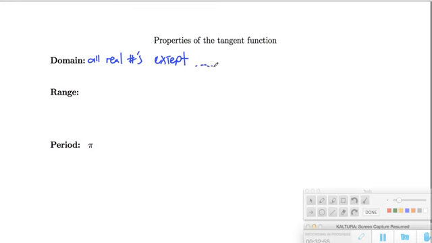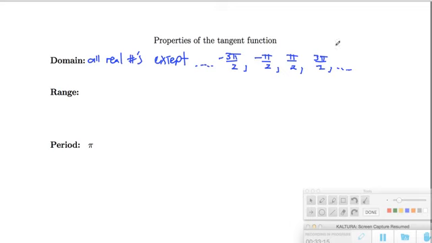Those repeat. It's impossible to make an entire list because there's infinitely many, but they're happening on every odd multiple of pi over 2.